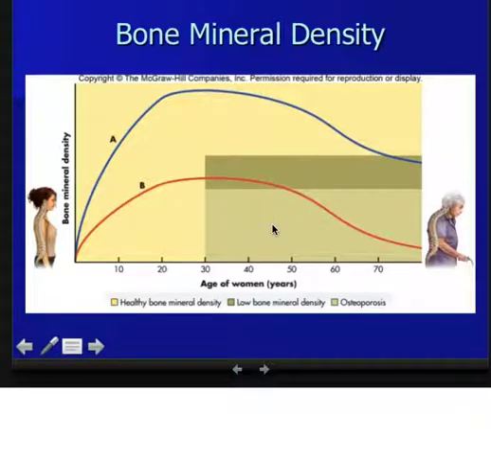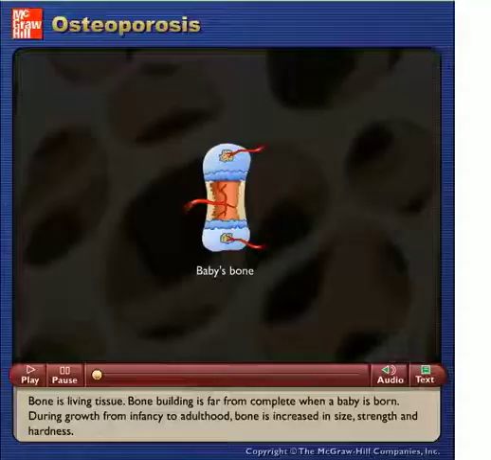Okay, so this will be the osteoporotic zone, this will be the low bone mineral density zone, and this will be healthy bone mineral density. And so in an individual with a relatively active lifestyle, you don't even hit low bone mineral density until you're well into your advanced years. And so again, activity can stave off some of the debilitating effects of osteoporosis.